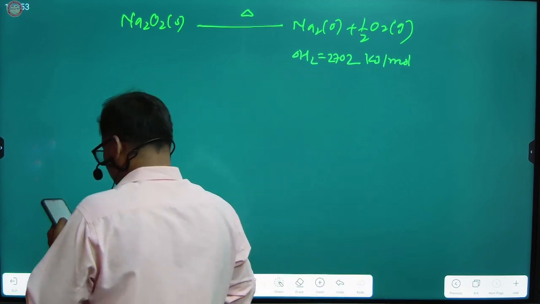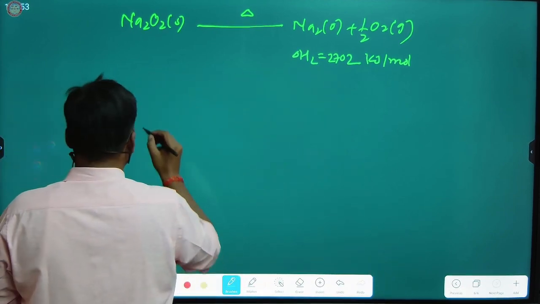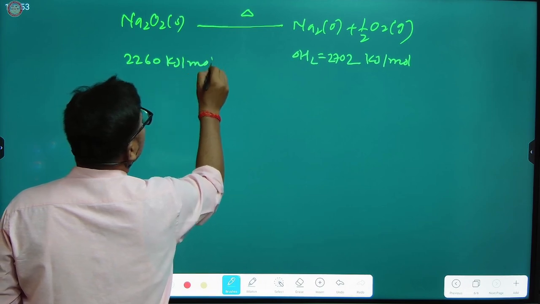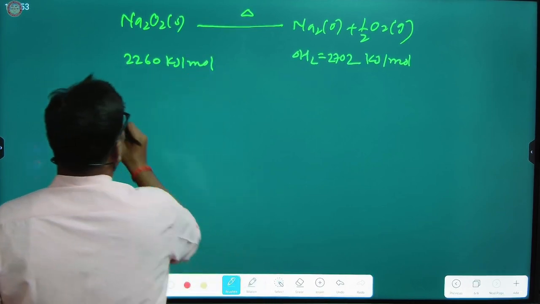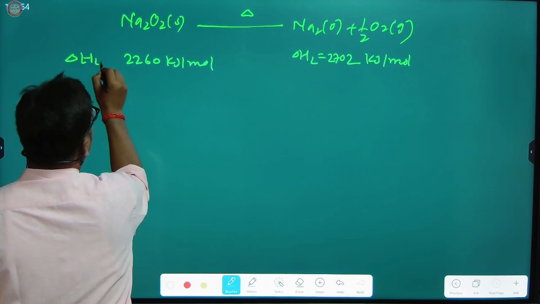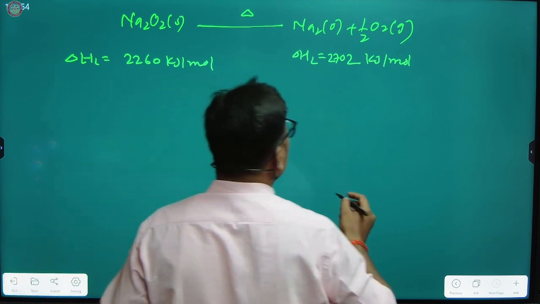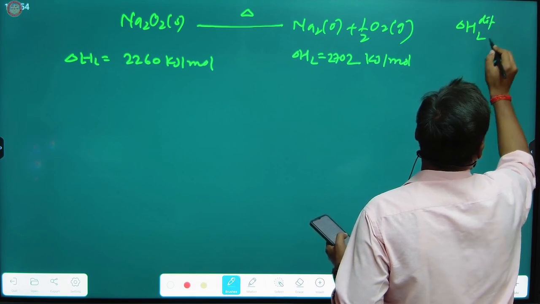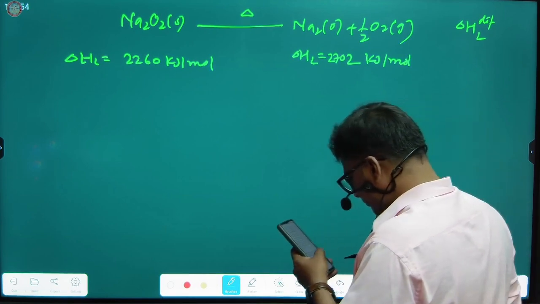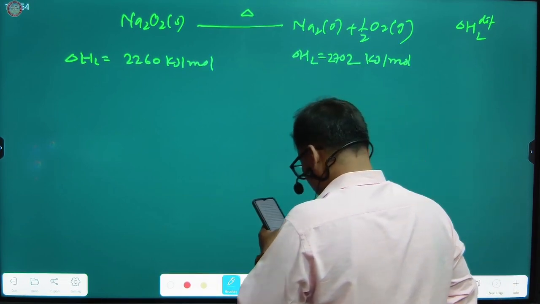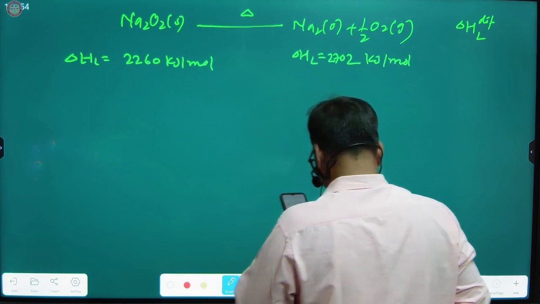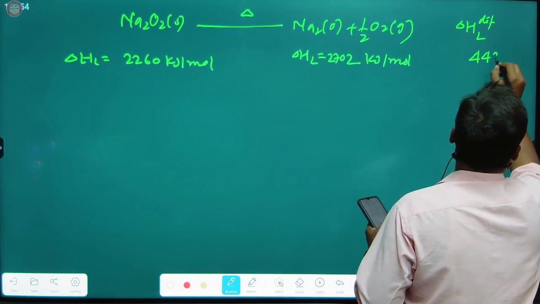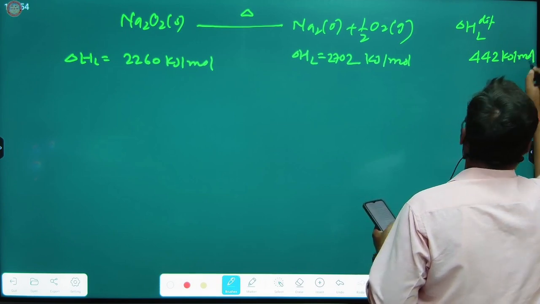In case of sodium peroxide, it has 2260 kilojoule per mole, right? And what is the difference of these two values? The delta H difference L is equal to 442 kilojoule per mole, right?